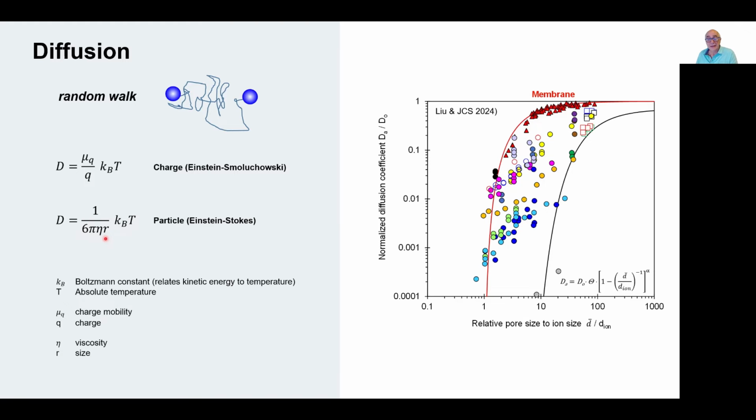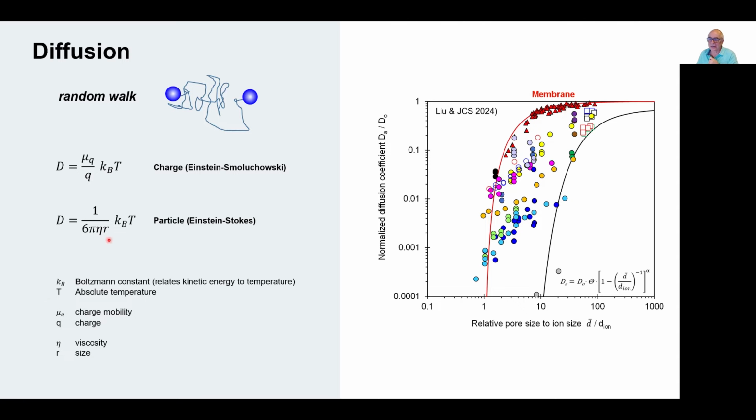Now, in soils, this random walk is affected by the presence of grains. So it has to go around grains. So the effective diffusion coefficient in soils gets diminished by the tortuosity of the path created by the porous medium, by the grains packing next to each other.